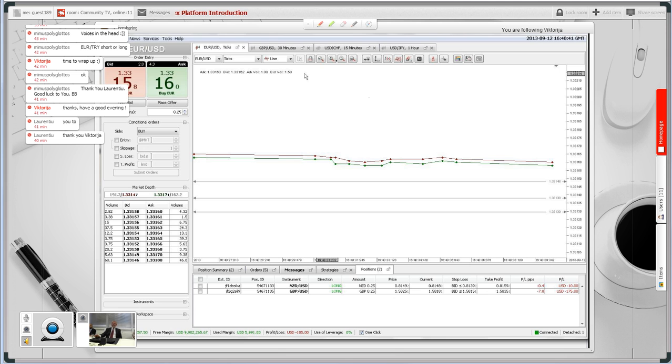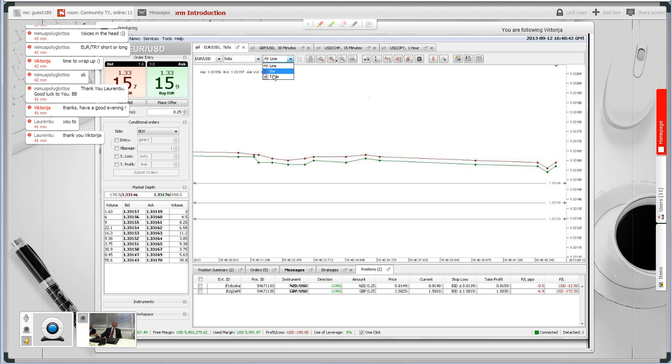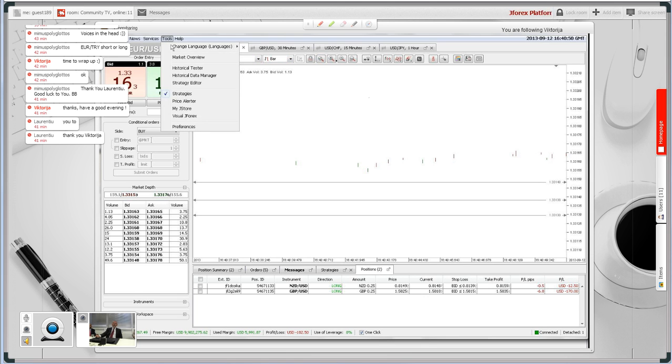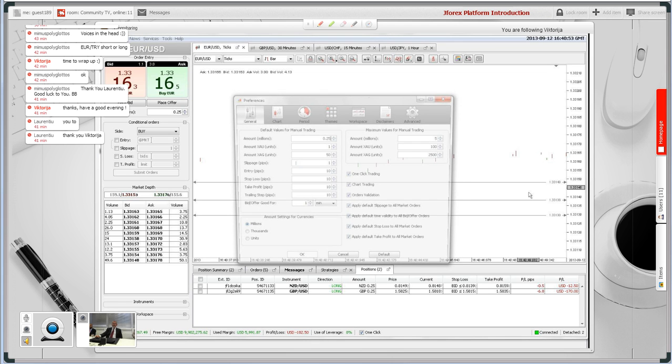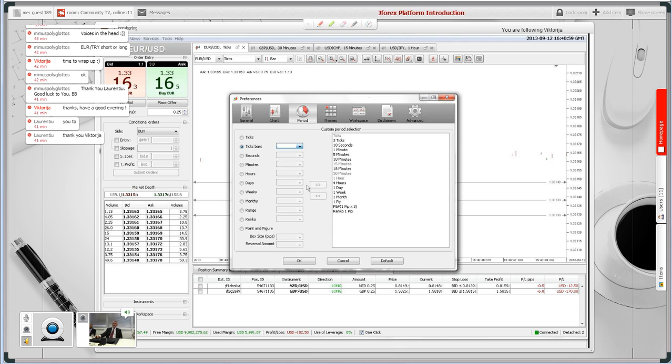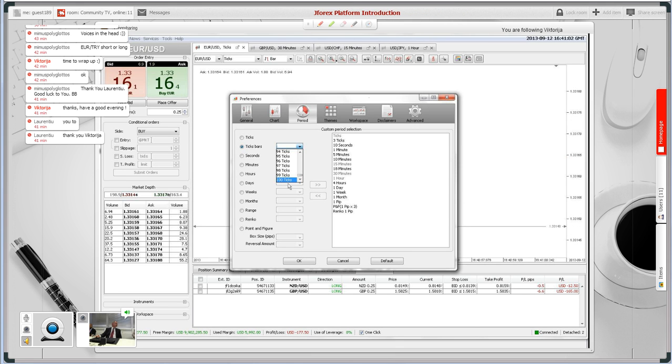I want 1 bar for every 500. Let's try to see. Tick bars. Oops. No, 100 ticks is the maximum. Is it possible to increase that? We can ask.